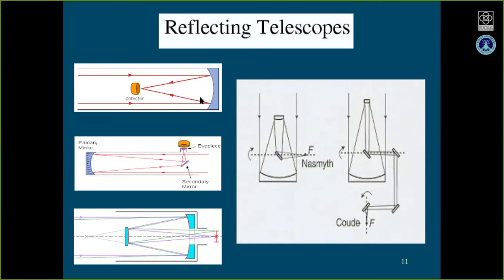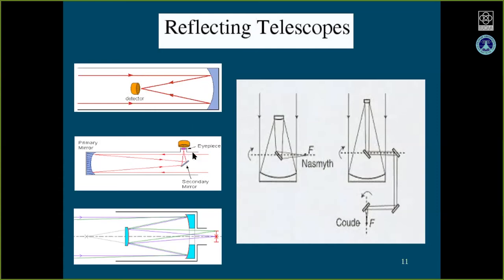Now, this is your telescope tube and images are formed inside the telescope tube. It is not very convenient during the time of observation, because you have to go inside the telescope tube and put your detector inside it. It is very difficult to use this kind of prime focus telescope.